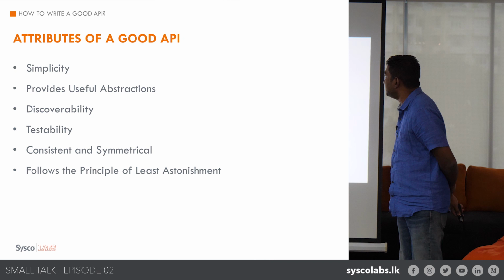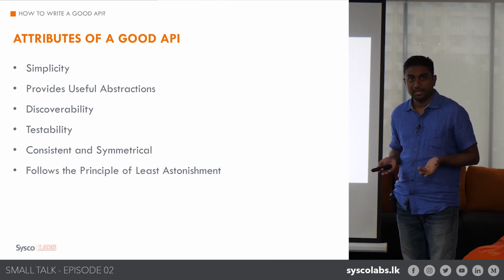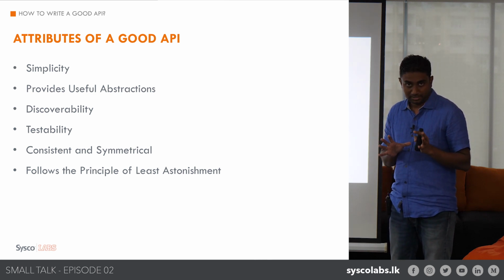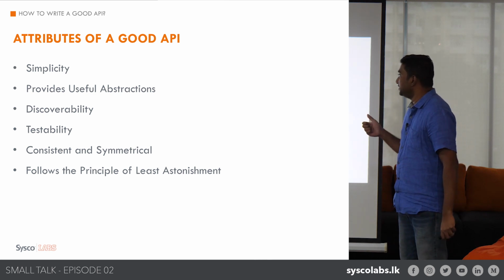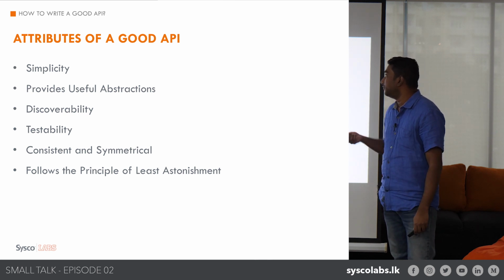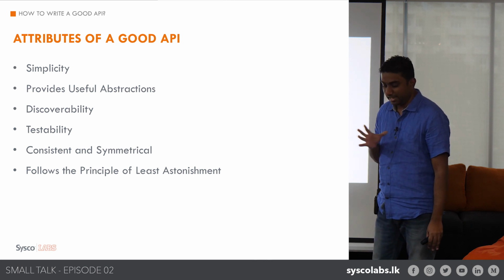Next, I'm going to go through some of the attributes of writing a good API. The first two things that I want to look at are simplicity and the fact that it should provide useful abstractions. These two things go hand in hand.